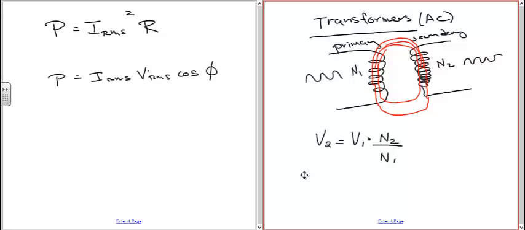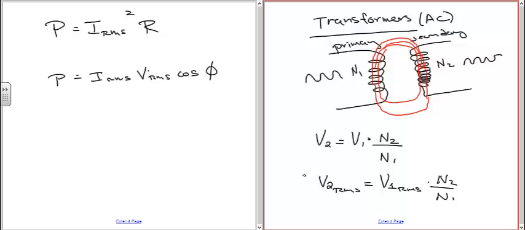This applies to maximum voltage, but in this kind of situation you're really more interested in RMS voltages. That's what you would measure with your voltmeter, and that's what would be important as far as power transmission. So I'm going to put RMS in there. So you get N2 over N1. Let me just double check and make sure I got that right.